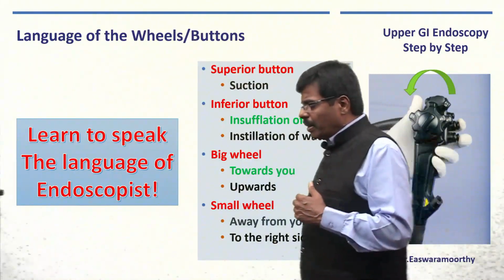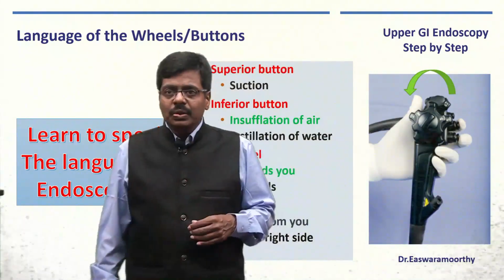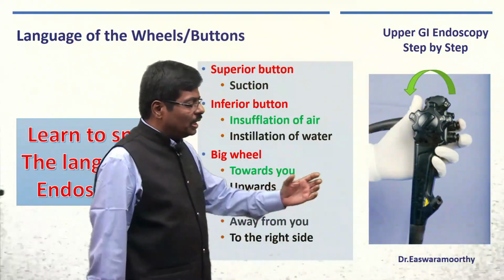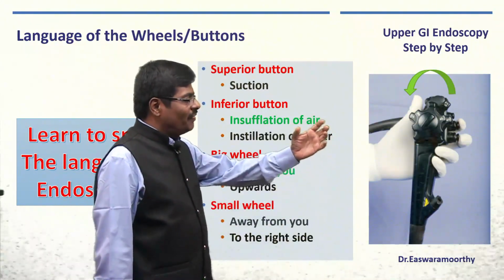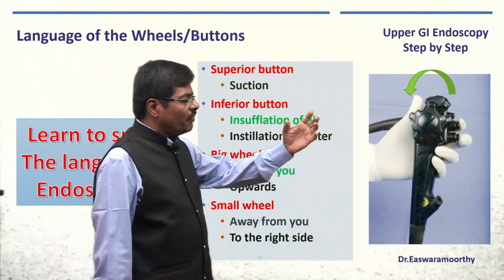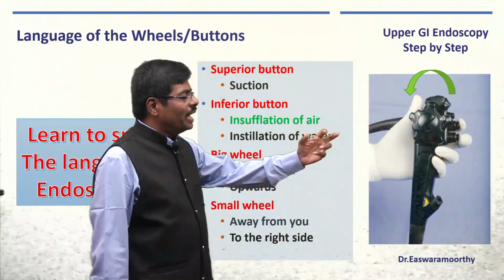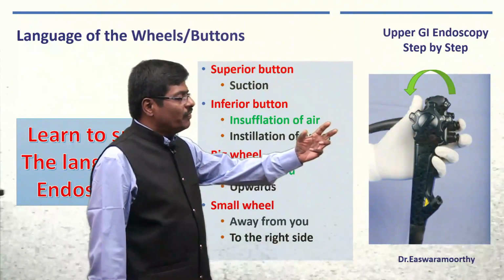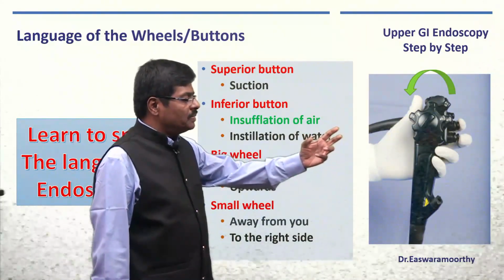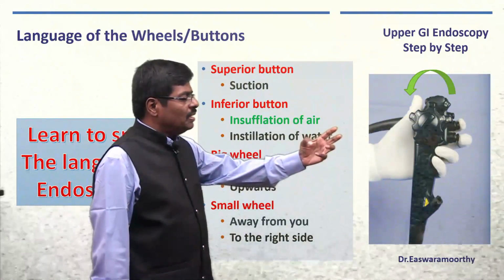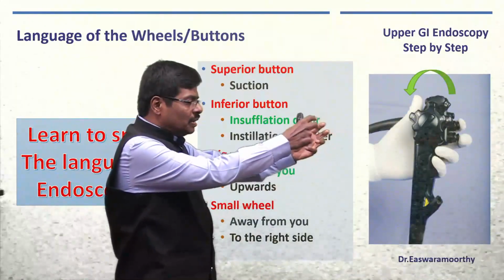The second important thing is you have to have good control. For example, if I am a right-handed individual, I will take the scope in my left, non-dominant hand, and take full control of the control head like this. Then, as you can see, I allot these 2 fingers for the buttons and I embrace the scope like this. My thumb is the key thing, which will rotate the big wheel towards me.